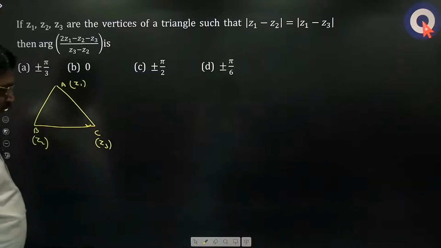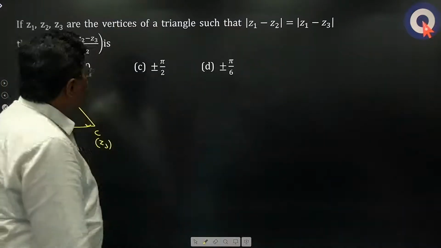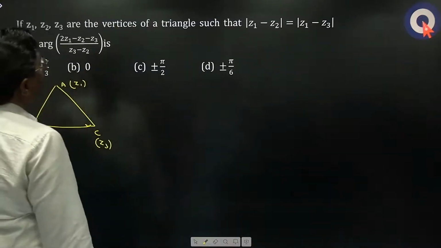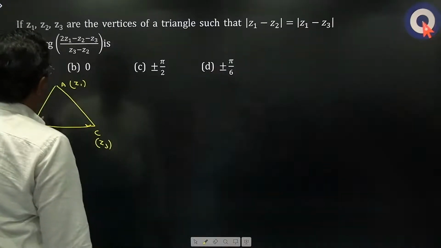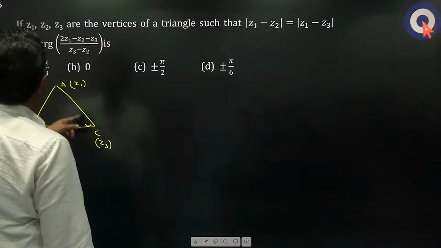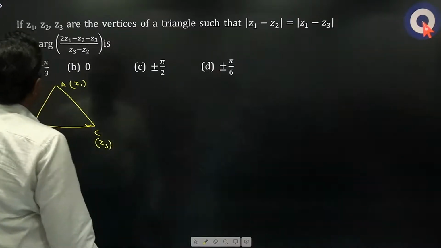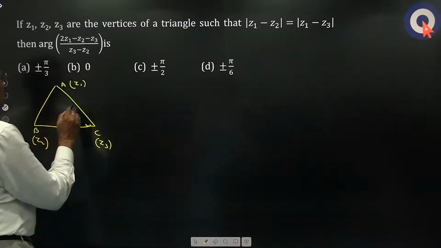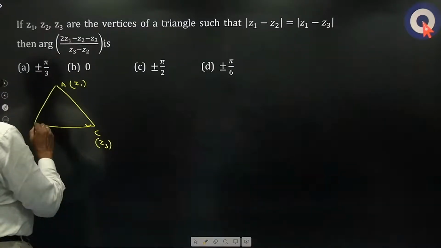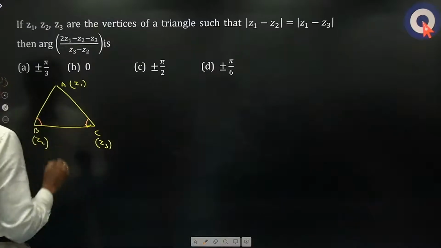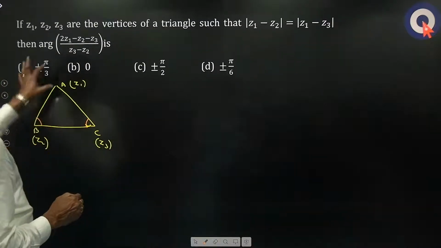Z1, Z2, Z3 is the triangle to be considered here, and mod of Z1 minus Z2 is equal to mod of Z1 minus Z3. So what is given is that these two sides are the same. So therefore, these two angles are same basically. All right. So then the argument of these things.